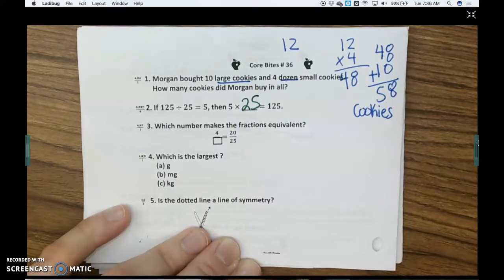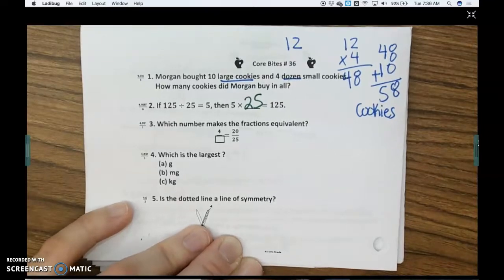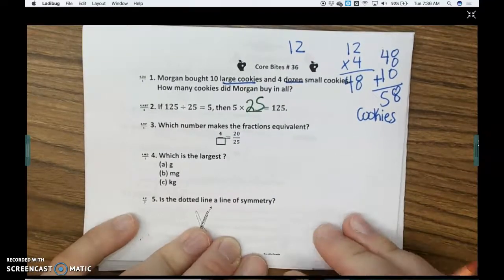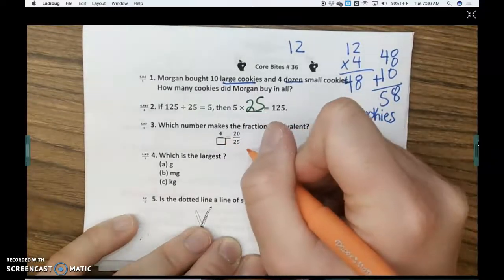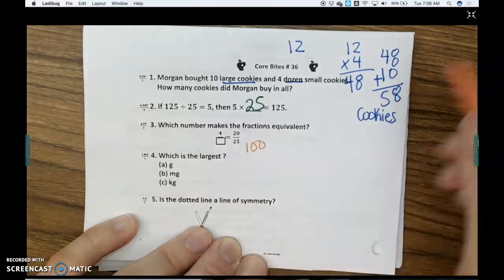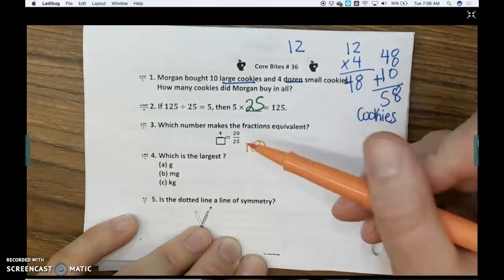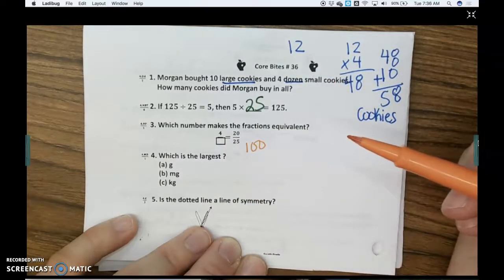For number 3, you are missing a number that will make these fractions equivalent, which means they're equal. So if we have 4 quarters, 4 times 25, that would give us $1 or 100 pennies, right? So 20 times what gives you 100?